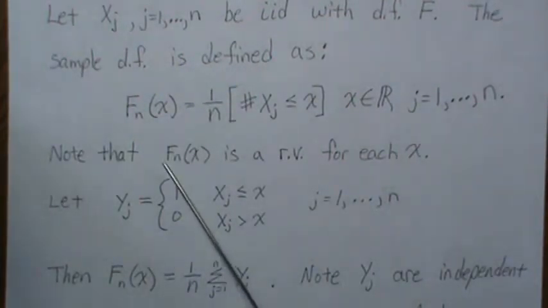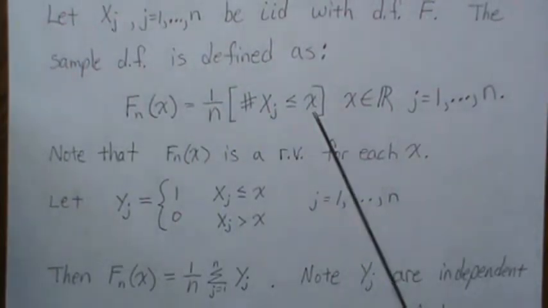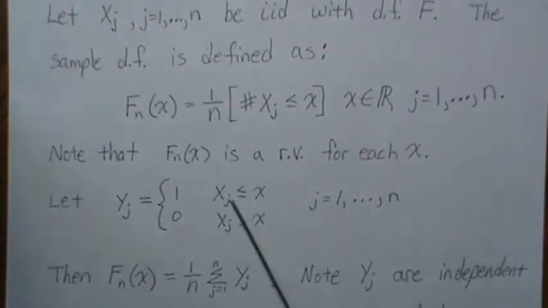Remember, we want to know how many x's are less than that little x. If we add up the indicator functions for each data point, where the data point is either below x or not, and if it's below, it's a 1, then the sum of these y_j's tells us how many data points are less than little x. And if we divide it by n, then we get our sample distribution function.